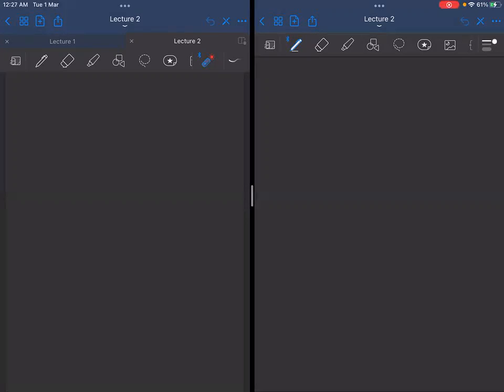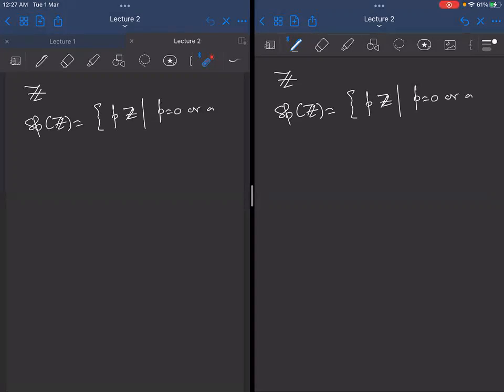So as a prototype, take the ring Z. If you take the ring Z, you can verify that the set of all prime ideals of Z is generated by the elements p, where p is either 0 or a prime integer.